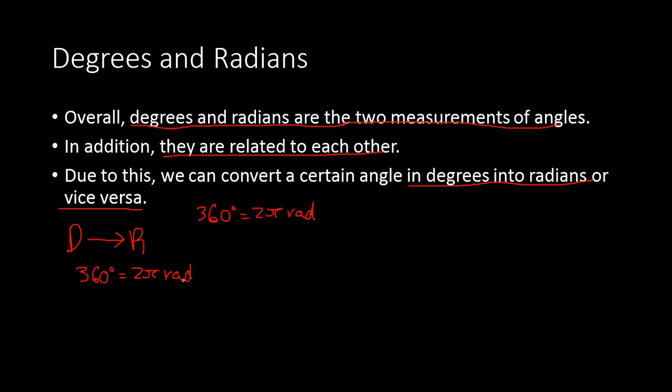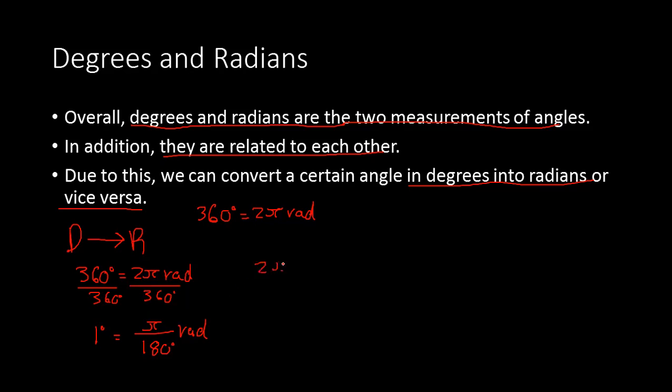We divide both sides by 360 degrees, so we have 1 degree equal to pi over 180 radians. How did I get pi over 180?